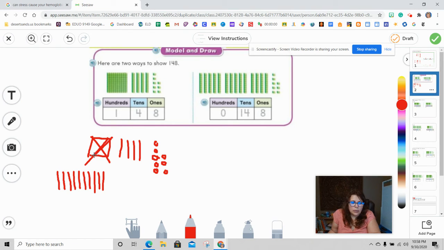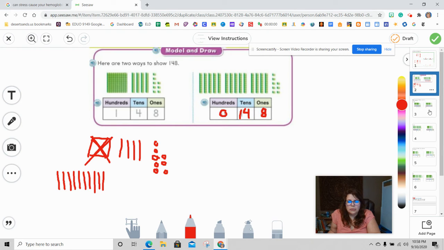So basically they regrouped this 100 into 10 tens. So now I have 10 tens, 11 tens, 12 tens, 13 tens, 14 tens, and that's why we have 14 tens here. Now we don't have any groups of 100 anymore because we broke it into tens. And of course, we still have the 8 ones because we didn't do anything to that one.